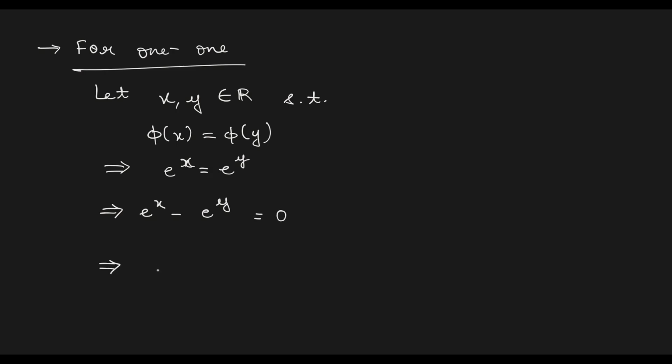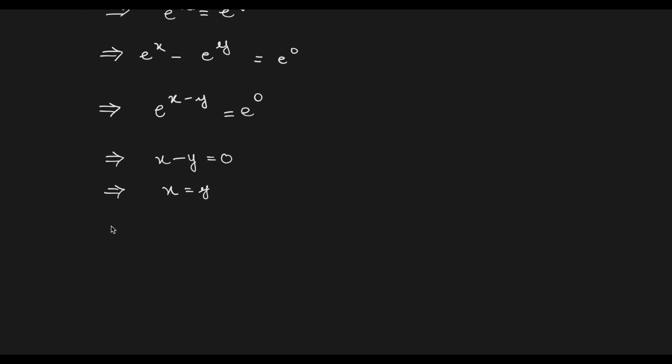This can also be written as e to the power x minus y equal to e to the power 0. So x minus y is equal to 0. So x is equal to y. So phi is one-one.